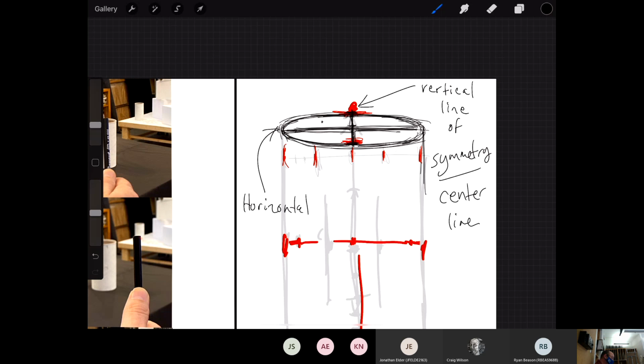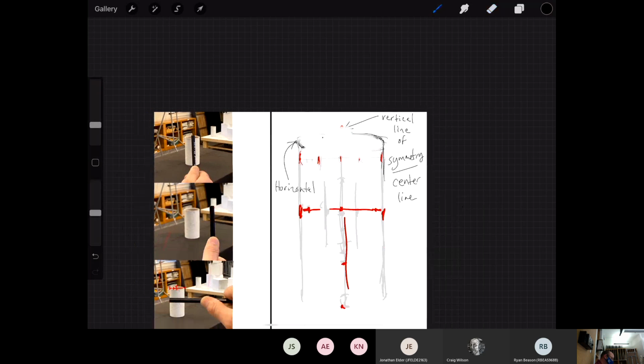So what I was seeing in a lot of your drawings was you were just doing this. Does that look right?